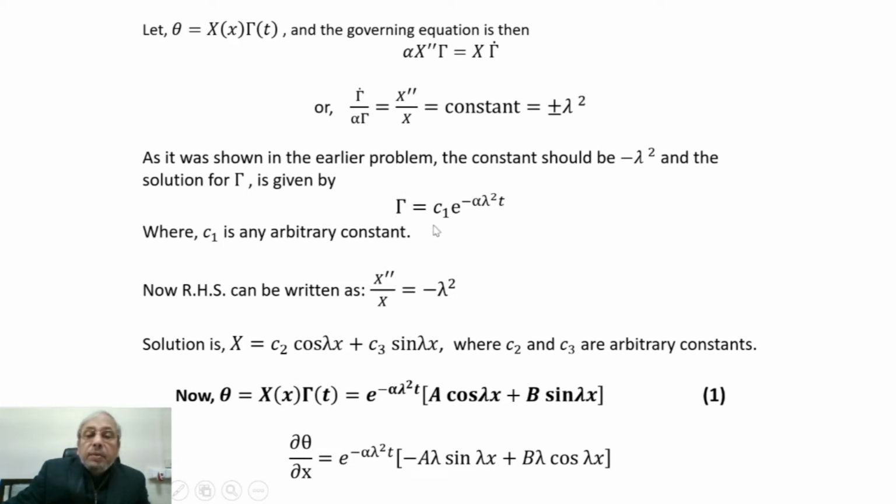So Γ equals C1 e to the power minus alpha lambda squared t, and C1 is an arbitrary constant.